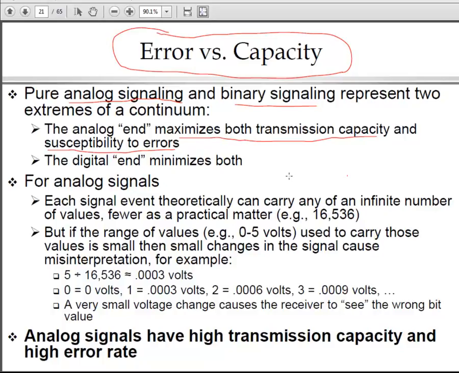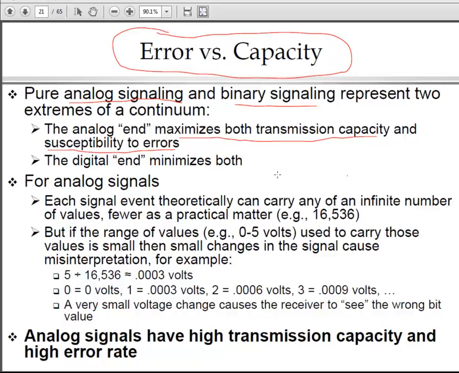Okay? So, with analog signaling, I am maximizing transmission capacity, but opening myself up to a significant probability of error. With binary, I'm doing exactly the opposite. During any single signal event, I can only carry a 0 or 1. Okay. And if I want to send a value that's much larger than 0 or 1, well, I have to take that value and represent it as a binary number and send each of those bits in that binary number one at a time down the line. Okay. If it's a large number, that's a big chunk of bits.